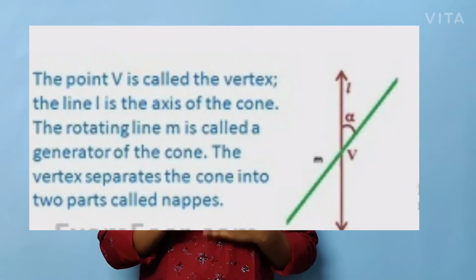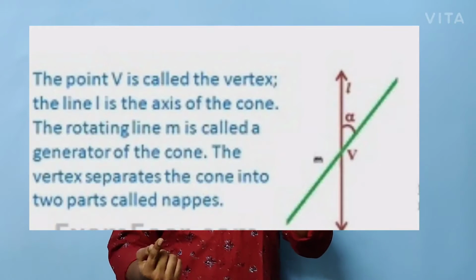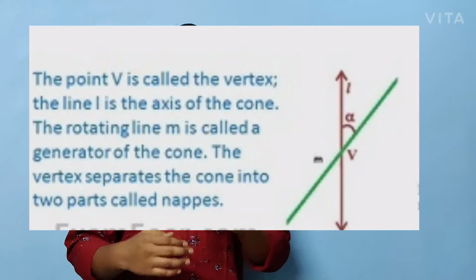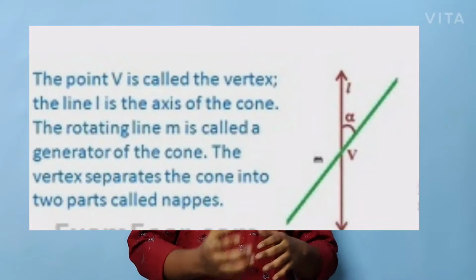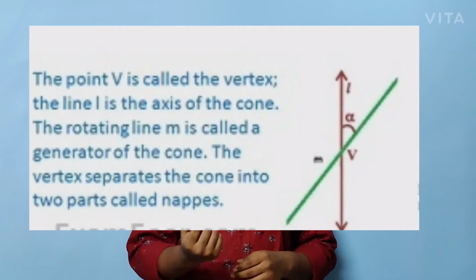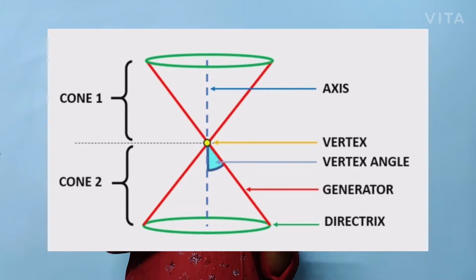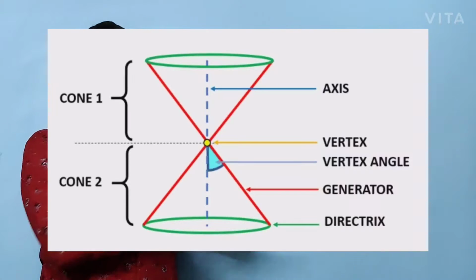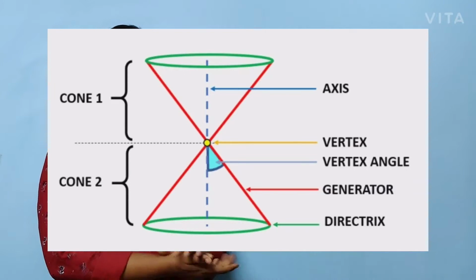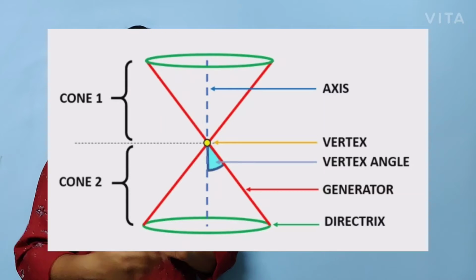When it rotates in such a way, we get a shape that is called a double napped right circular cone, or double right circular cone, which means two cones will be there in this way. Okay, we get those shapes and curves.